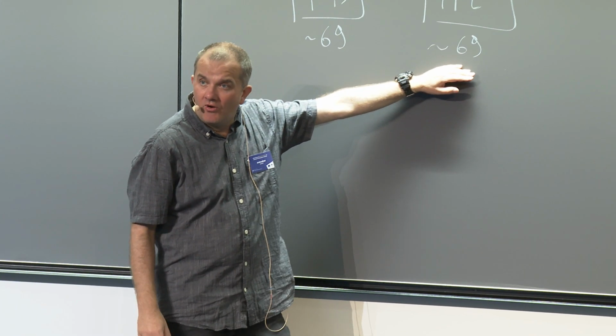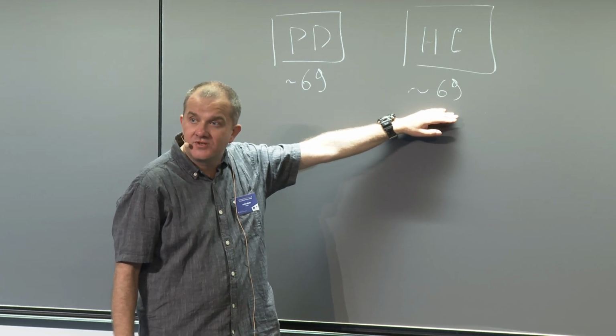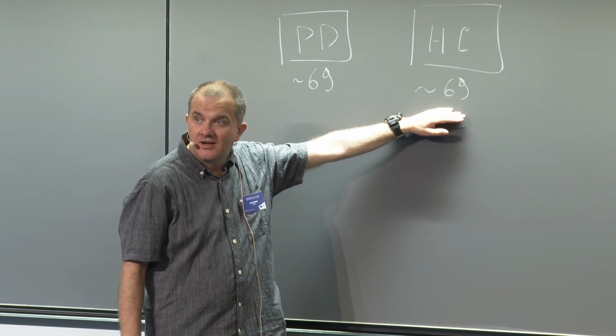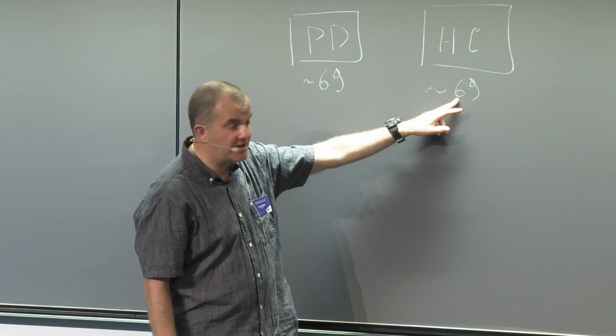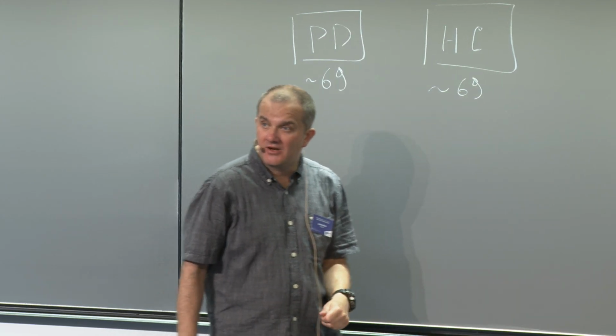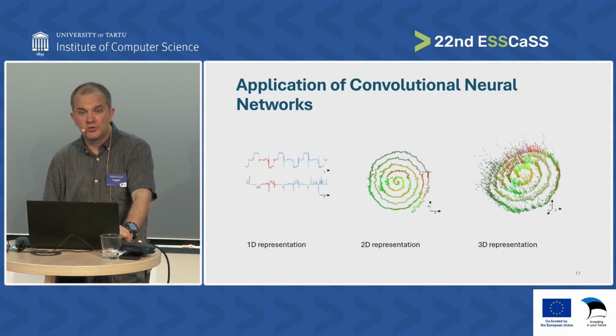But instead of healthy controls of the same age, you have a group which will be from 18 to 49, of the same size, but with much larger standard deviation and absolutely different mean value. So in this case, it's much easier to distinguish between two groups.